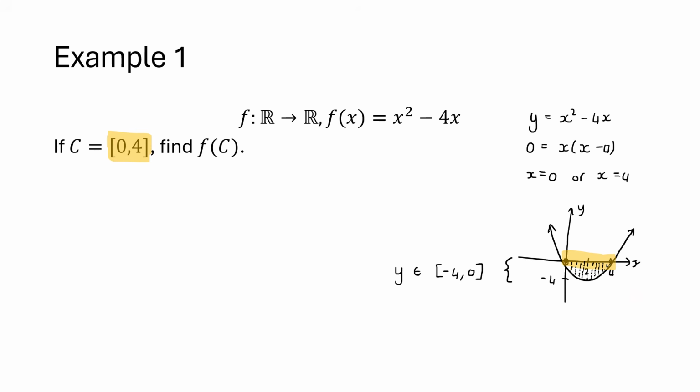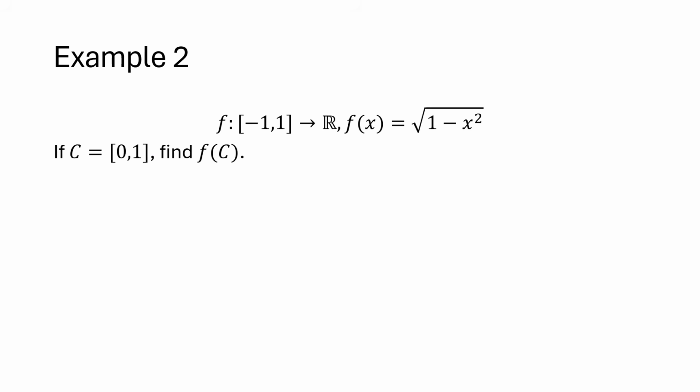This is the effect on the function values if we restrict x to that particular interval. So f(C) will be the interval from negative 4 to 0.